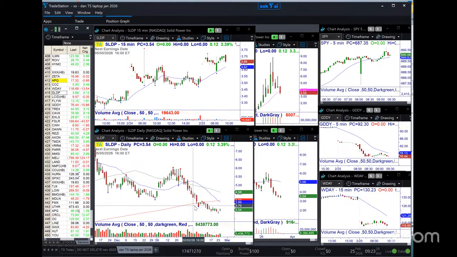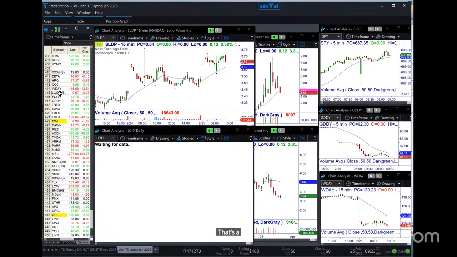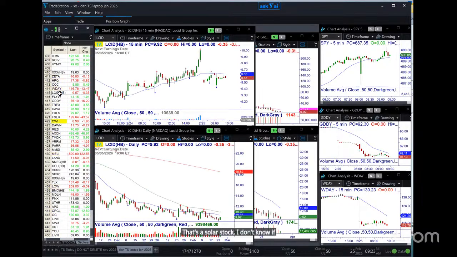This LDP gapping up. Man, it's sloppy. That's a solar stock. I know Fizzlers got killed. We'll get to it in a second. Gapping down 950, Elsa, EV car company. Still looks bad.